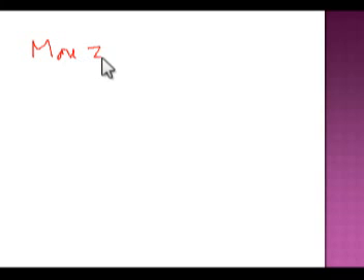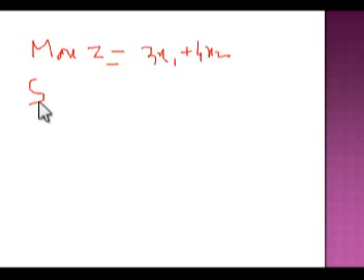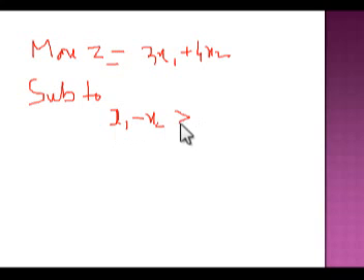Maximize z equal to 3x1 plus 4x2, subject to x1 minus x2 greater than or equal to 0.